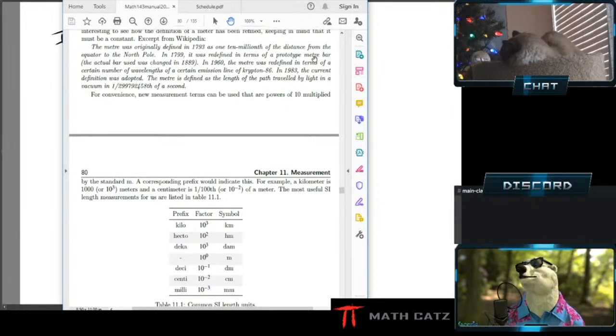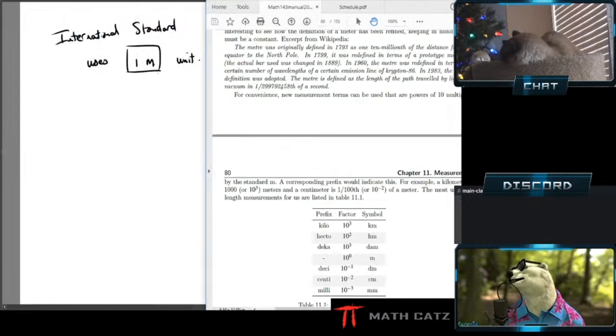It's pretty good, but what if that bar gets lost, right? Then we're all kind of screwed. Then they changed it to radioactive substance and wavelengths. Then they changed it to what it is now, which is the distance light can travel in a fraction of a second. And the speed of light is a constant.